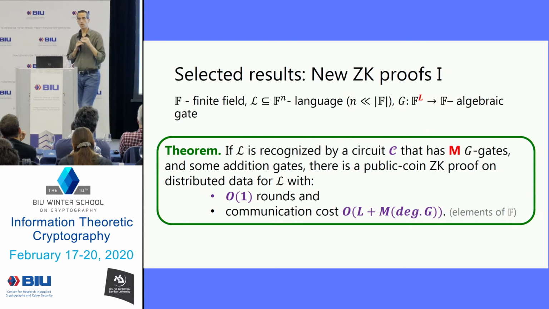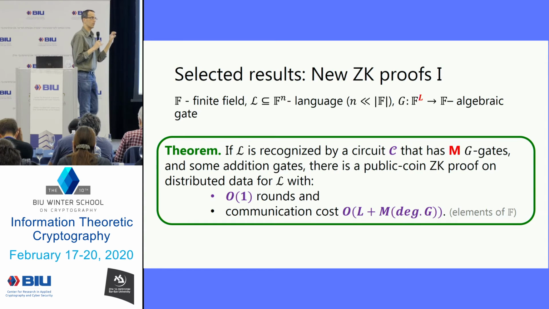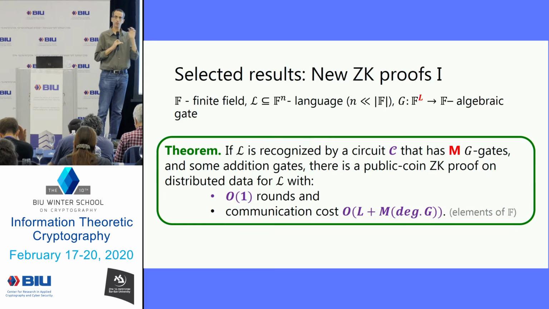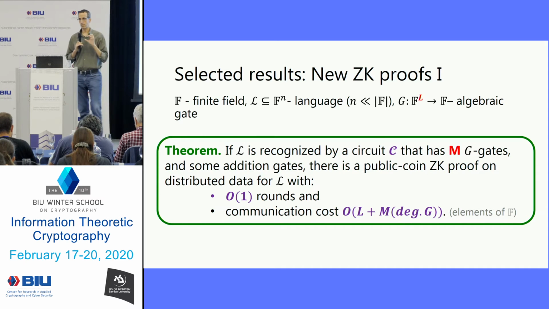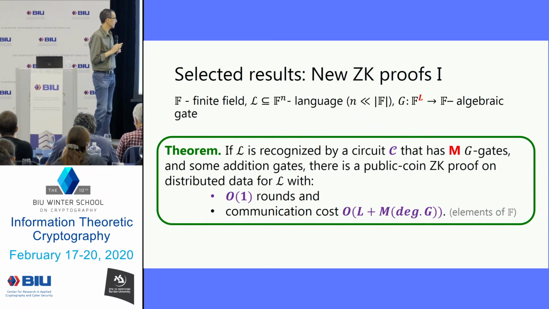So if the degree is low, we're going to get something that's much smaller than the circuit size. And looking ahead to the MPC protocols, this is going to help us prove that everything done over the circuit in the semi-honest phase of the protocol was done correctly in a very efficient manner, much shorter than the circuit size itself.